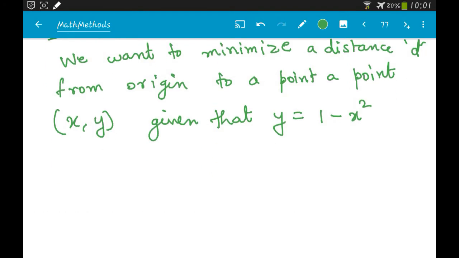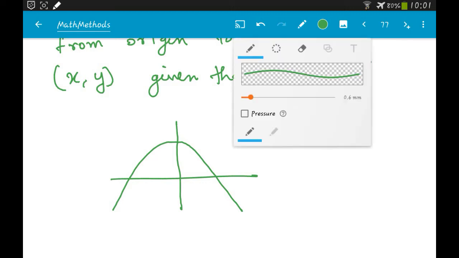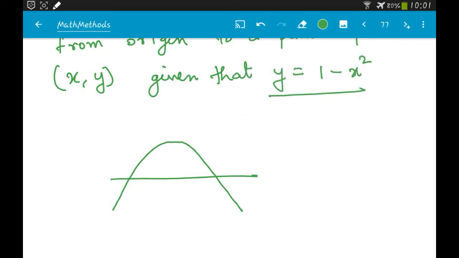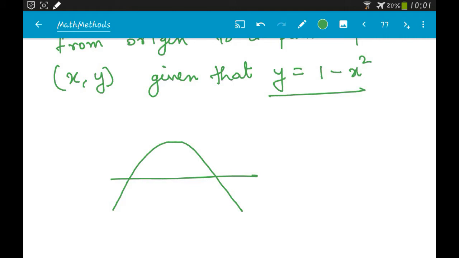So first let us draw y equal to 1 minus x square. How will we draw it? We have the x and y axes, and it's an inverted parabola. This is our x-axis, this is our y-axis.